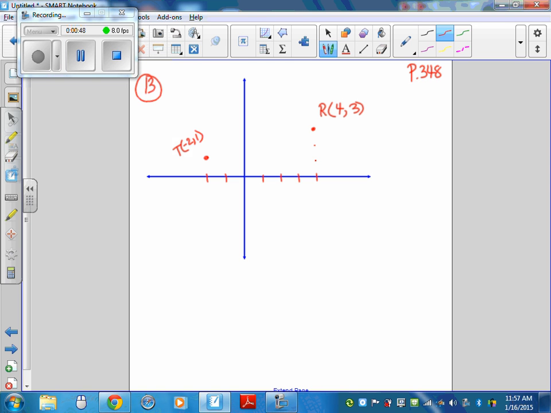And then M is -4, -1. So check my plotting as I do this to make sure I don't make careless mistakes before we even get started. So -2, 1, 4, 3, -4, -1, and we're finding the circumcenter of this triangle.